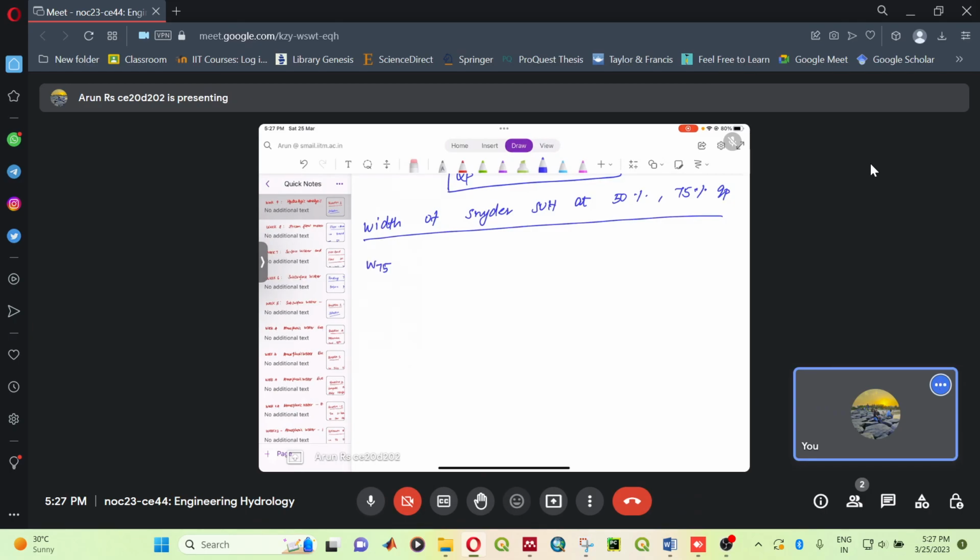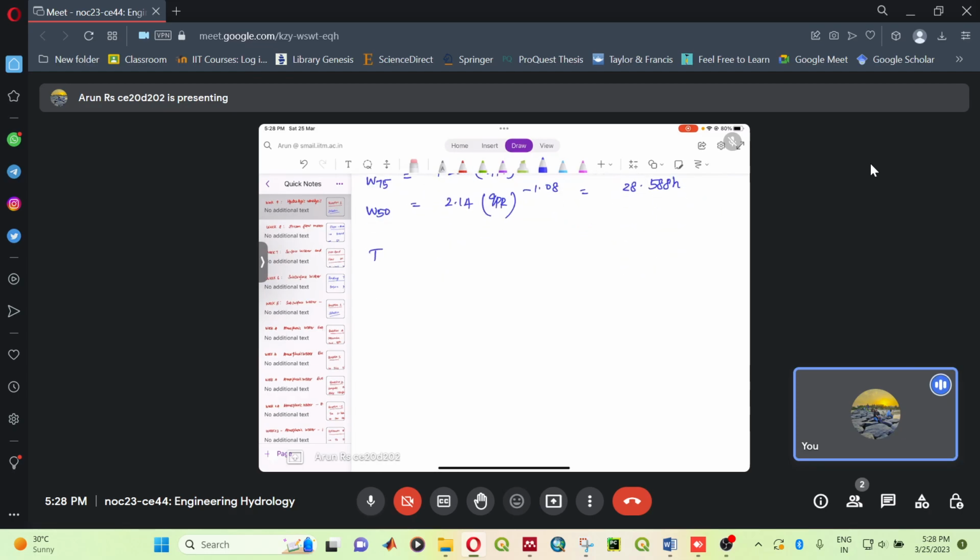So width at 75% QP is given by 1.22 QPR to the power minus 1.08. That is equal to 16.298 hours. Width at 50% is 2.14 QPR to the power minus 1.08. That is equal to 28.588 hours.